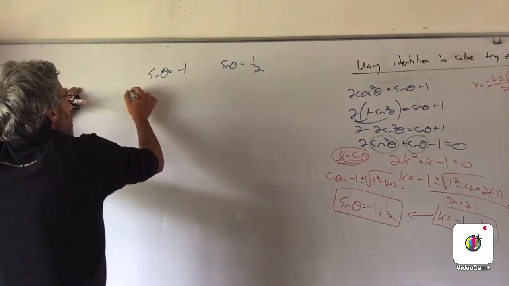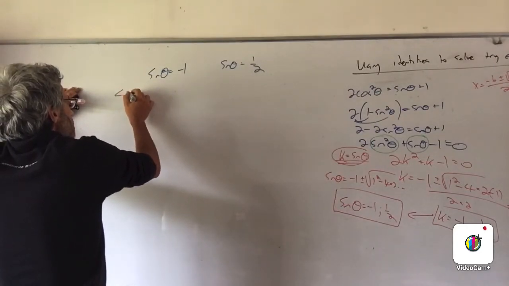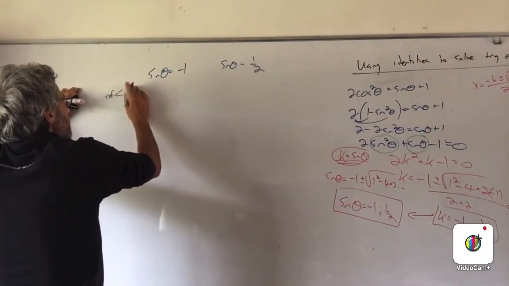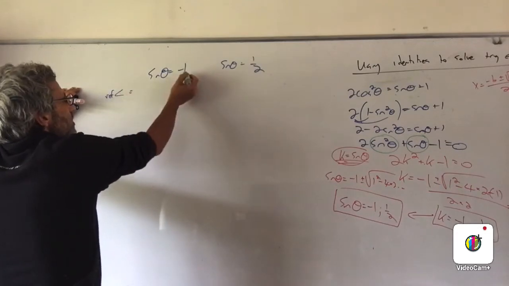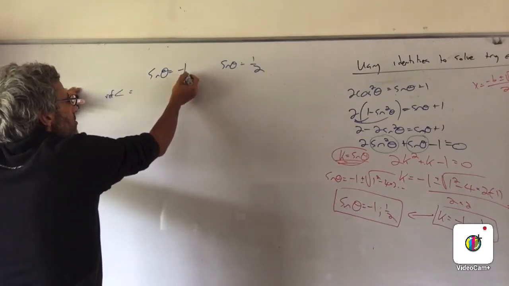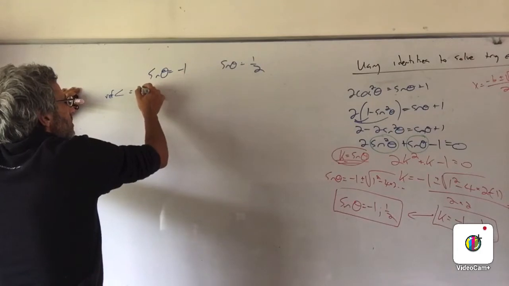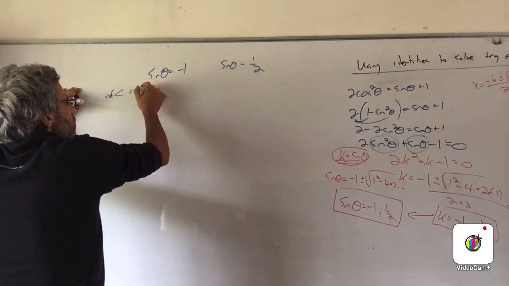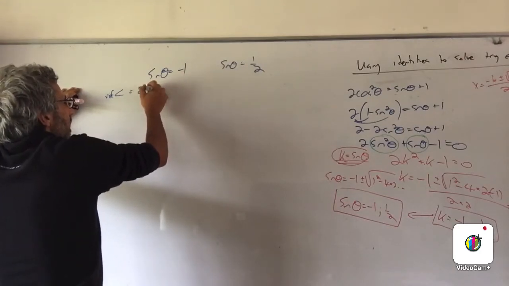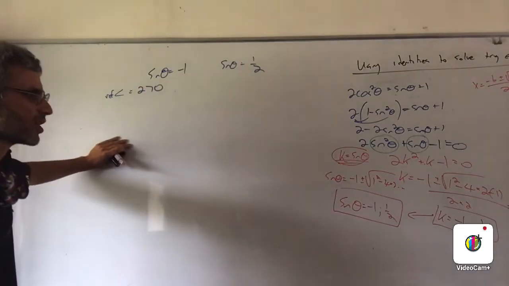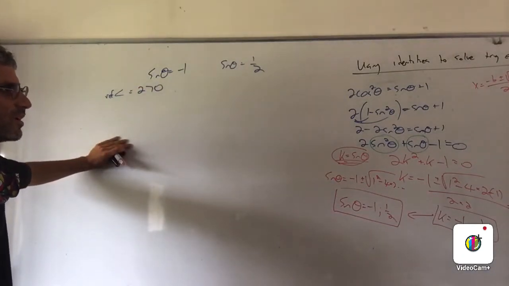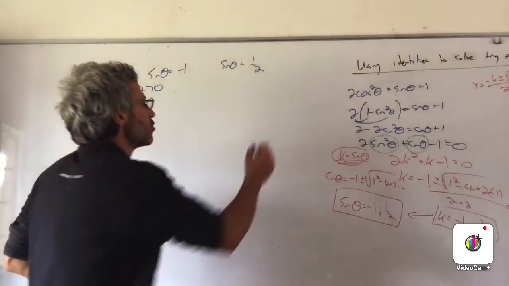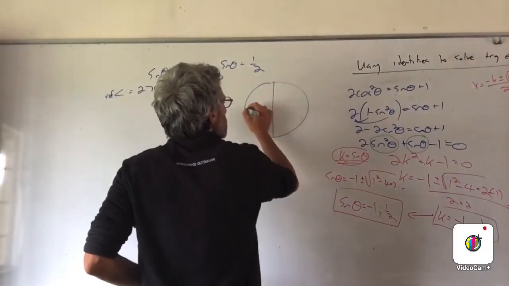Sine theta equals minus 1, how do we do it? We always start with a reference angle. What is the reference angle? That's actually a special angle, and that's an interesting one. We've never actually done it. I need to draw the circle here because you can't see it.